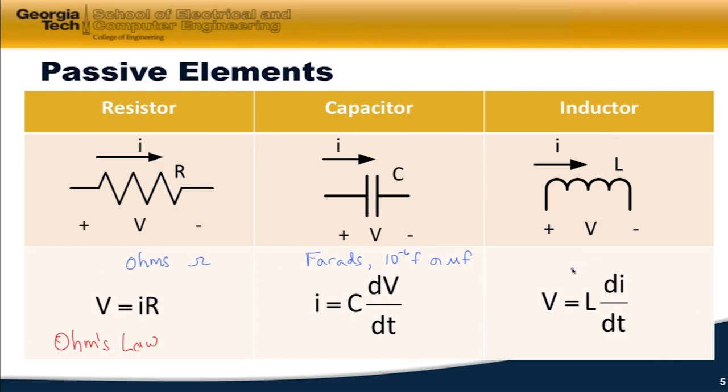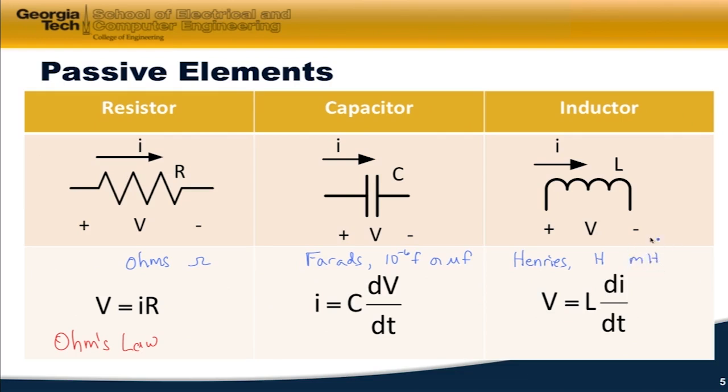Then we get to inductors. Inductors are also energy storing devices, and the current voltage relationship is this. Notice that now we're taking the derivative of the current to give us the voltage. The common units are henries, which we represent as H. And oftentimes we'll look at 10 to the minus 3 or millihenries.